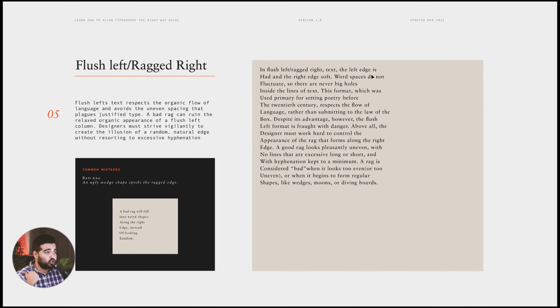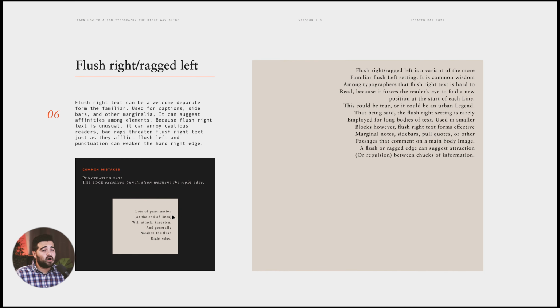What I mean is a long, short structure, so you don't punish the reader by making them guess what line comes first, because they're gonna start jumping lines, and you don't want that in your design. You want it to look really awesome. Another thing that you can have is a bad rag. What is a bad rag? It looks like a triangle, like this example that I have right here. If your paragraph looks like that, that's not good.